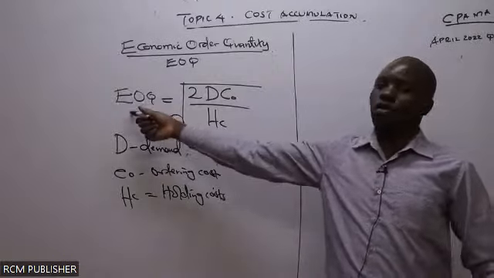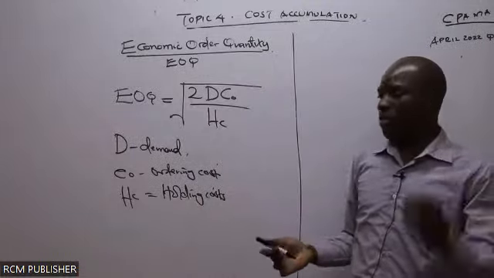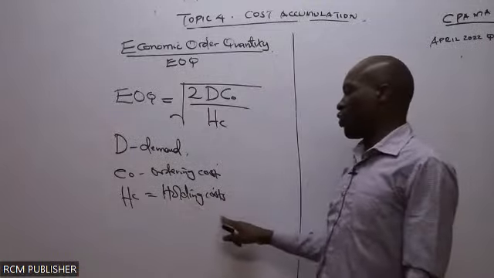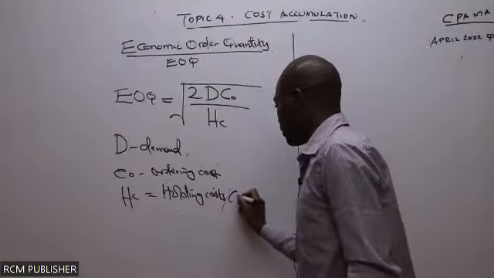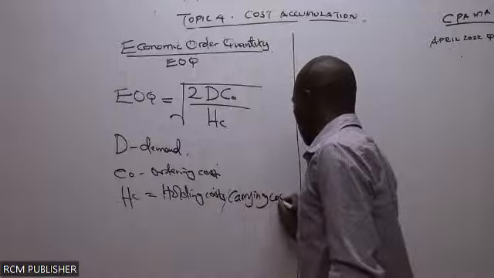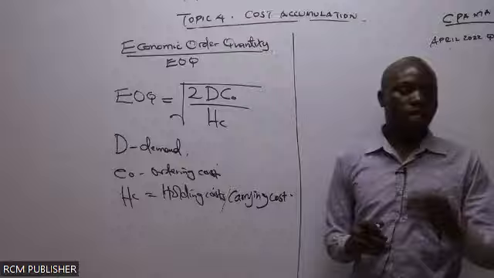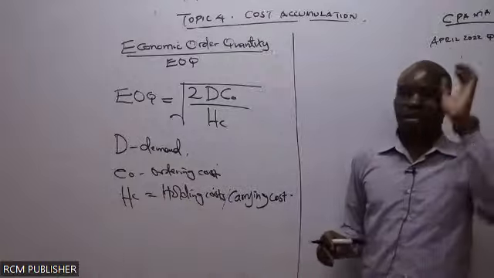To get economic order quantity. So in a question where the term holding cost is not given, just look for this other term called carrying cost. These two mean the same thing.